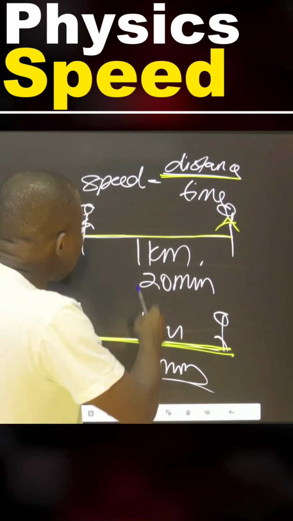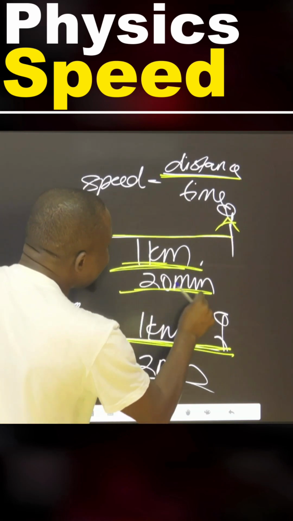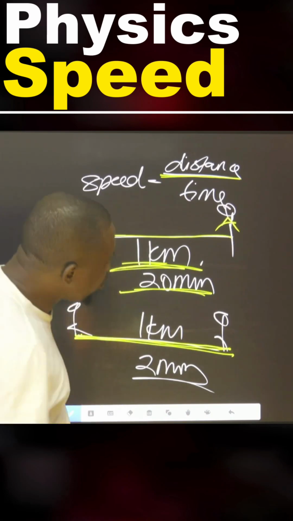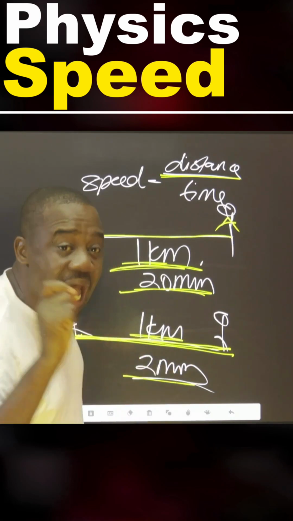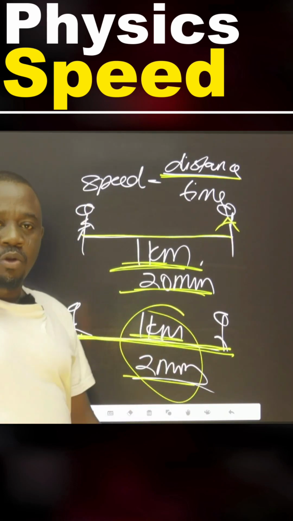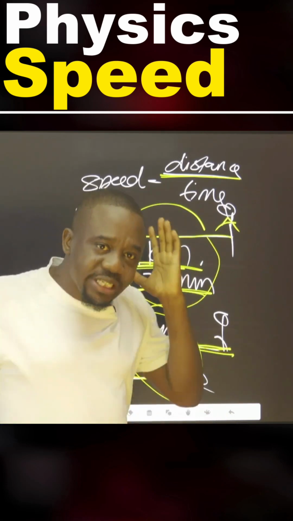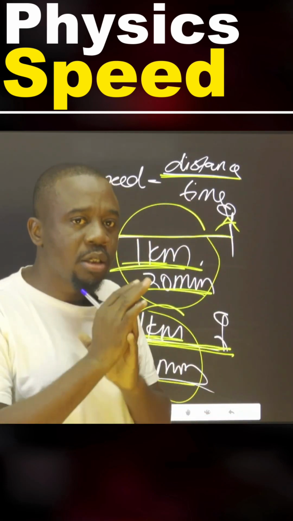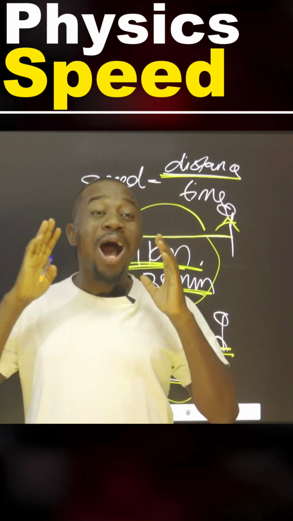If I do distance divided by my time, and also do it for Usain Bolt, distance divided by the time he spent will be bigger than mine. We say Usain Bolt's speed is higher than my own.